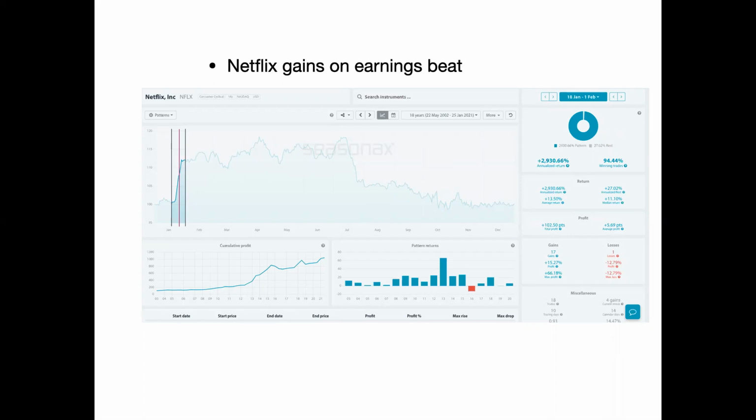Netflix tends to gain on earnings, but it's got a habit of exceeding its earnings expectations. It tends to do it year after year. You can see in the last 18 years, it's only lost once, between the 18th of January and the 1st of February. So that first initial earnings season of the year, Netflix tends to gain. So for me, that's definitely worth investing.